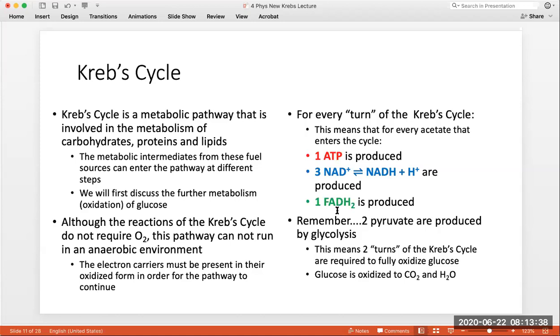So you're utilizing another electron carrier here as well. Again, you have to remember that at the end of glycolysis, you make 2 pyruvate. So if we're calculating the number of ATP that is made when you oxidize glucose, you have to calculate this as 2 turns of the Krebs cycle. And then at the end of the Krebs cycle and the electron transport system, glucose is fully oxidized to CO2 and water.